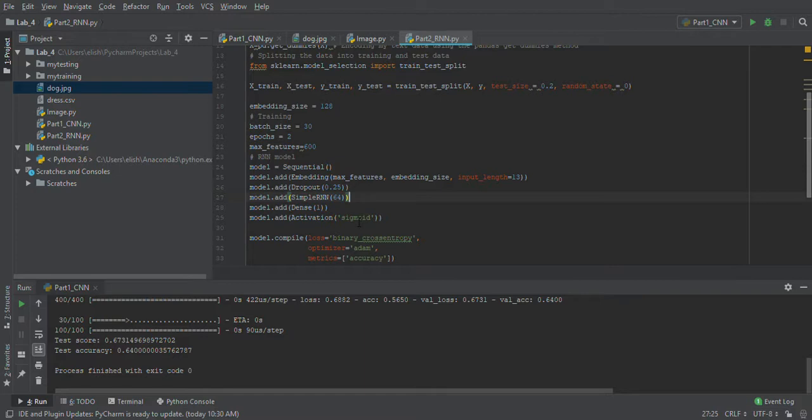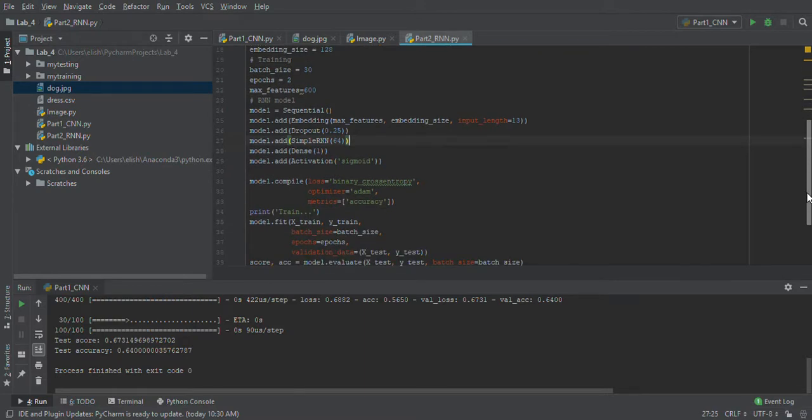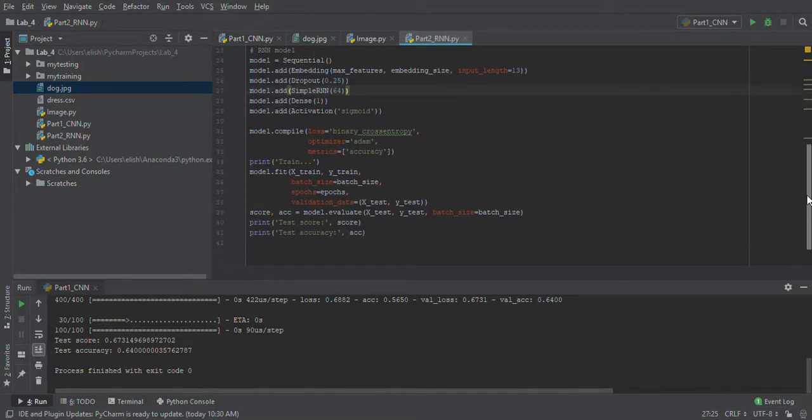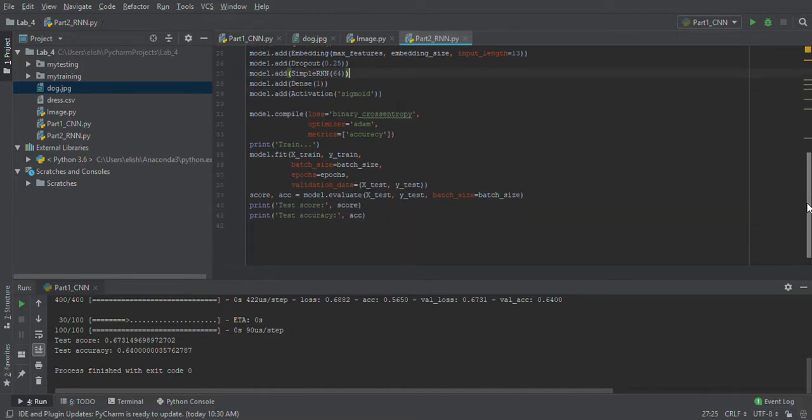I also used the sigmoid activation function and minimize the loss and measure the accuracy. Feed the data on a training set and validate on a test set, and then I printed out the model score and accuracy. So let's run this one and see what we have.